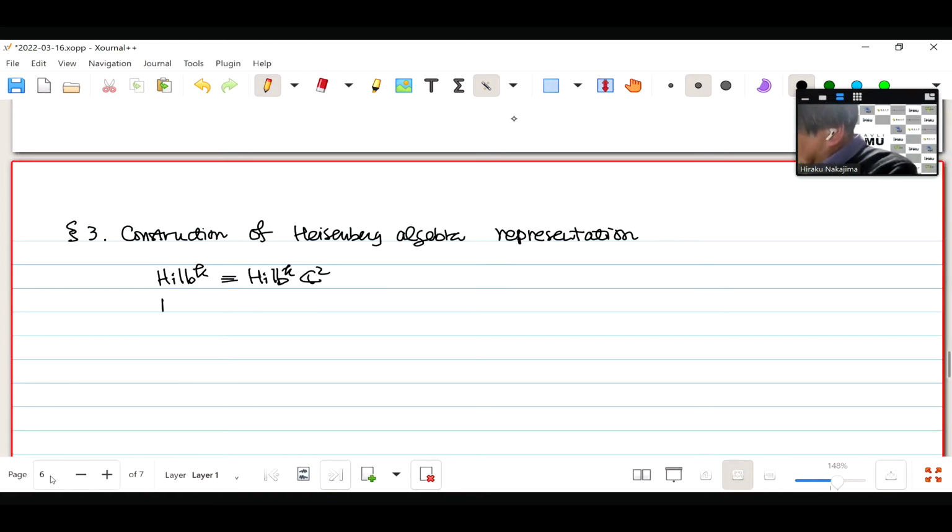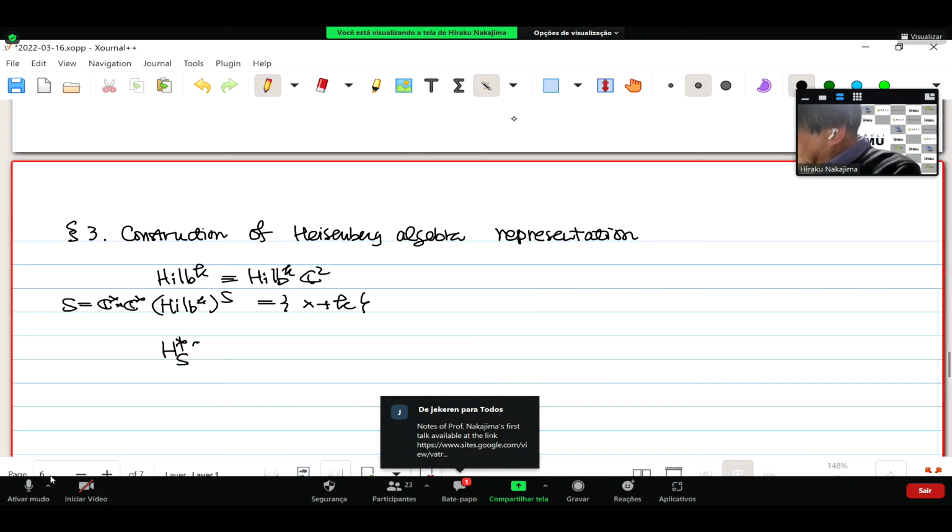S^[k] is the Hilbert scheme of k points, and H_*(S^[k]) is the equivariant homology of the Hilbert scheme of points.